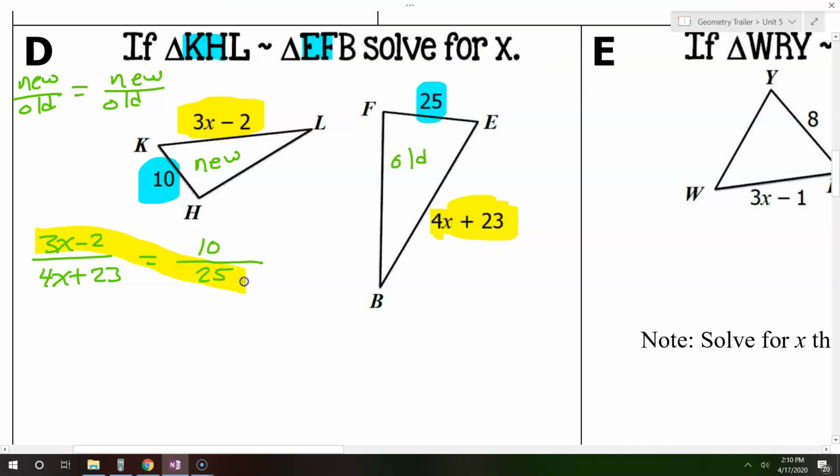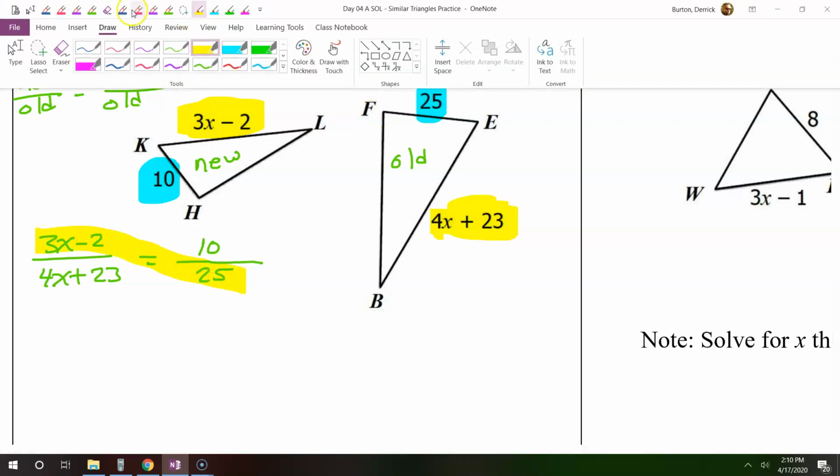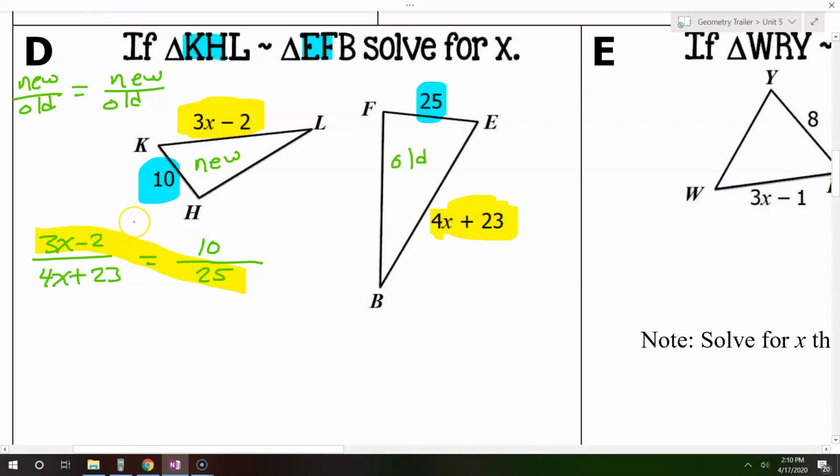Let's take our down diagonal. And we're again doing the distributive property here. All right, we're taking this 25 and multiplying it by 3x and the negative 2. So that is going to give us 75x minus 50.